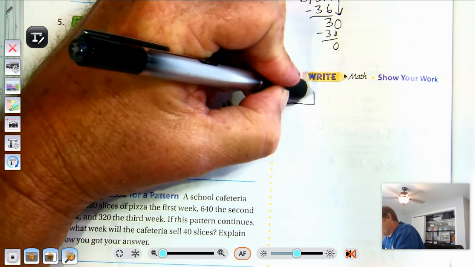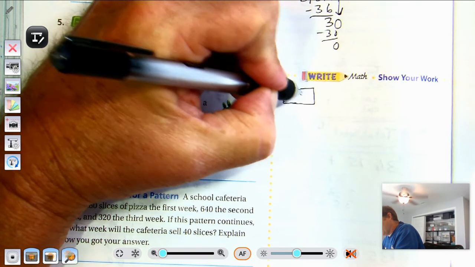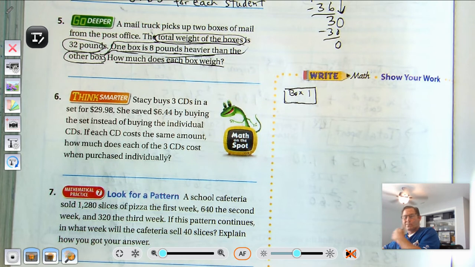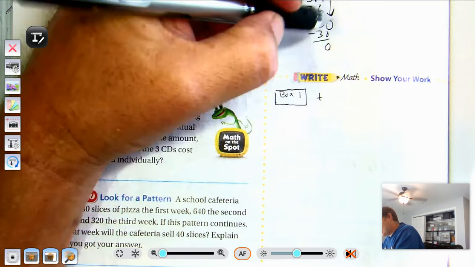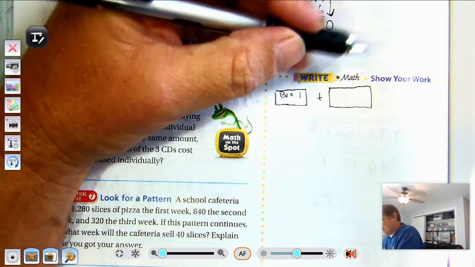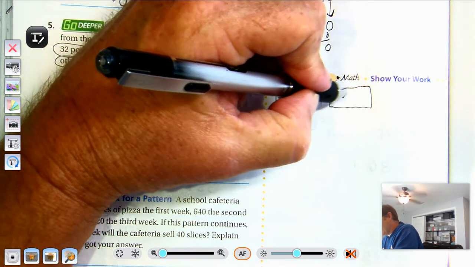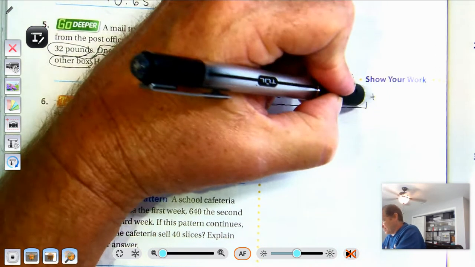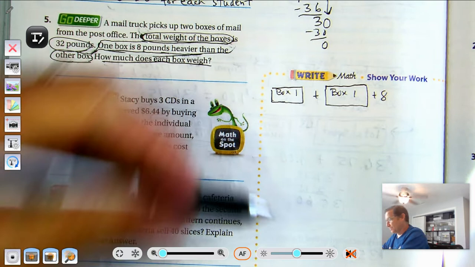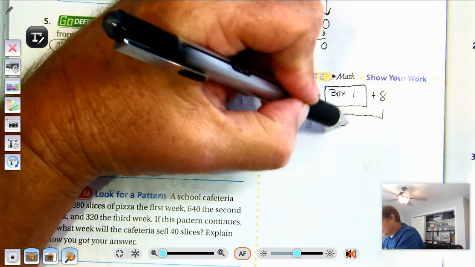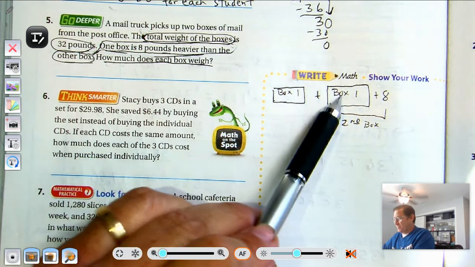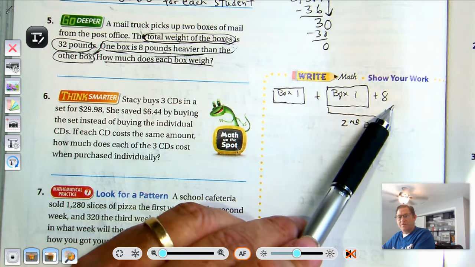So we have, let's say, box 1, right? Plus the second box. Well, the second box is going to be the weight of box 1 plus 8. Right? The second box is going to be the weight of the first box, but 8 pounds heavier.